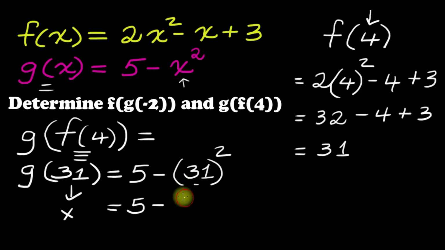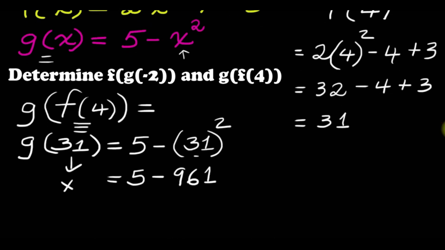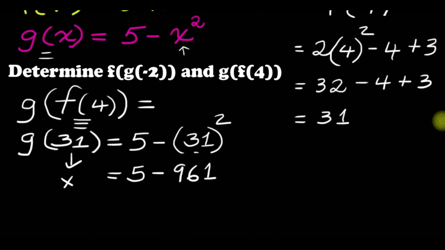And that's going to give us 961. Okay, and then 5 take away 961 is going to give you a negative number. So it's going to give you negative 956. So g of f of 4 comes out to negative 956. Okay, and that's how you evaluate composition functions.